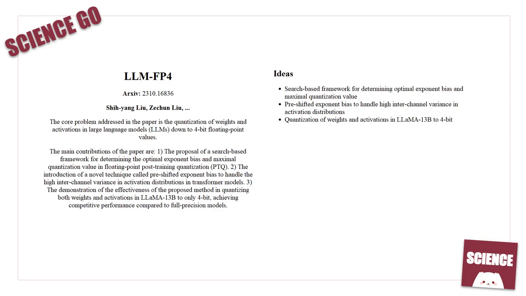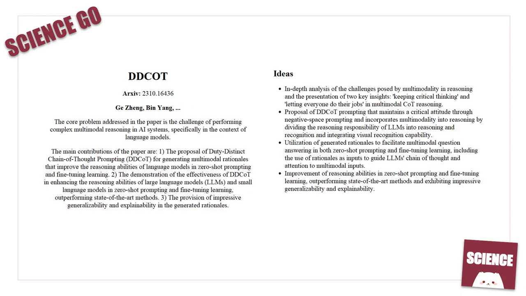The paper DDCoT addresses the challenge of performing complex reasoning in AI systems, specifically in language models. It proposes a method called duty distinct chain of thought prompting, DDCoT, to improve the reasoning abilities of language models. The paper highlights 2 key insights: keeping critical thinking and letting everyone do their jobs in multimodal reasoning.